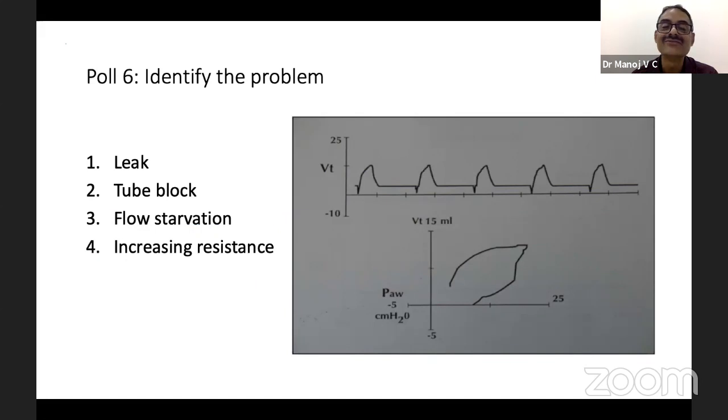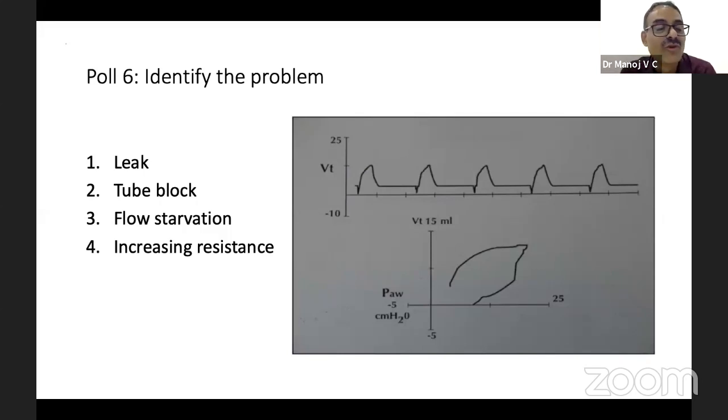So let's now identify 2-3 problems. What is the problem here? When I say identify a problem, you always need to look at at least one waveform and one loop. That's why I have shown two. What is it?